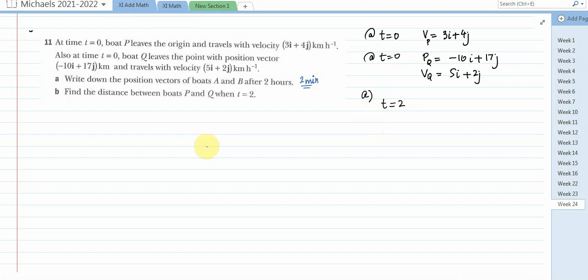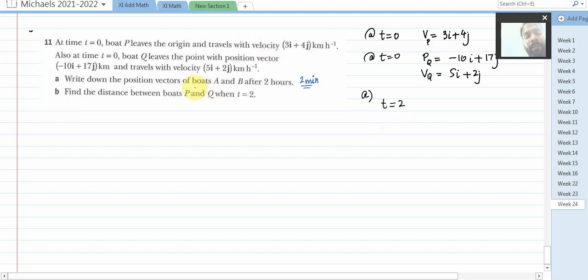Firstly, starting with P. If you talk about P here, it clearly mentions it leaves the origin, right? That means the starting point is 0, 0, and the only displacement is due to the velocity.